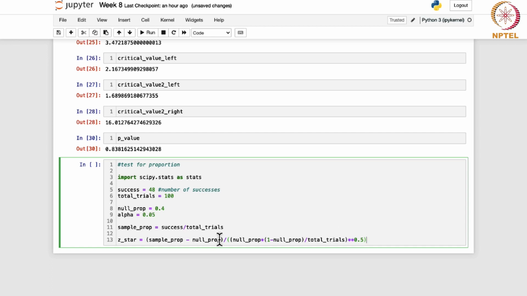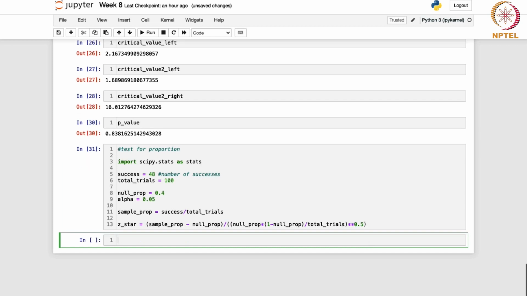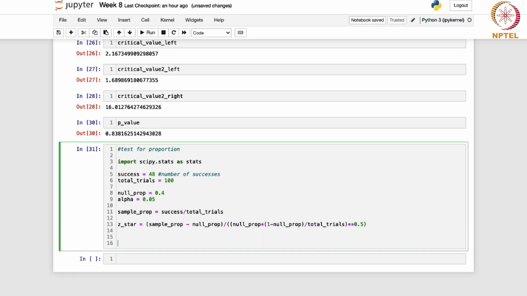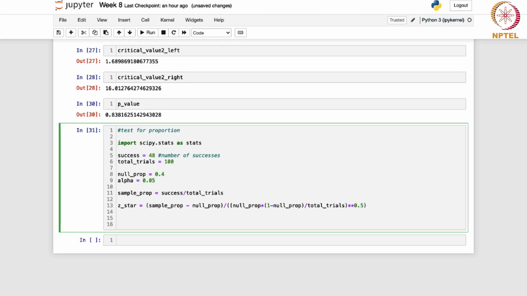Okay, so p hat minus p naught divided by p naught into 1 minus p naught divided by total trials and whole raised to the power 0.5, that is square root. Okay, it's correct. So now we can calculate the critical values.